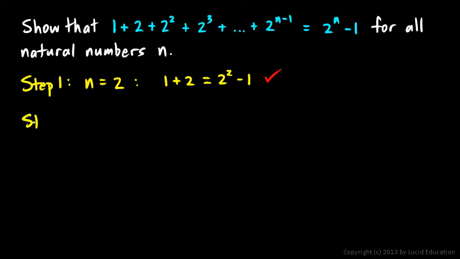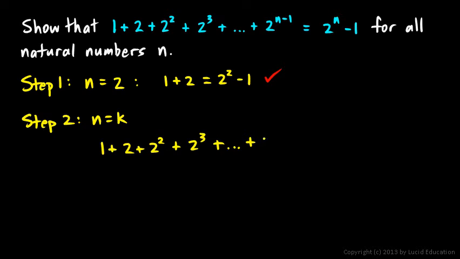Now step 2, this is the tricky part. Step 2, we show that if it works for some number k, then it also works for k plus 1. So what does this equation look like if n equals k? Well, let's just put in k right there. 1 plus 2 squared plus 2 cubed, and so on, out to 2 to the power of k minus 1.